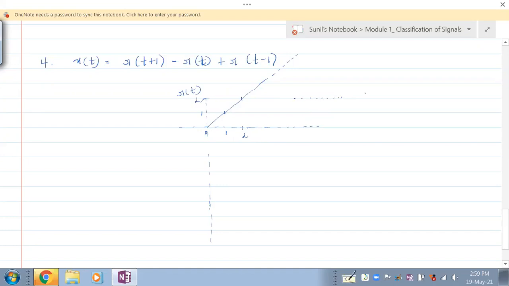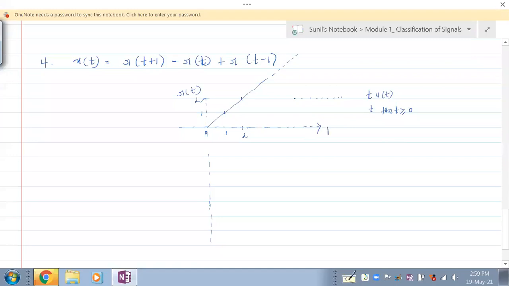R of t is t actually. R of t means it is t, and t into u of t, or t for t greater than or equal to 0. Understand that? So that is what we have sketched here.